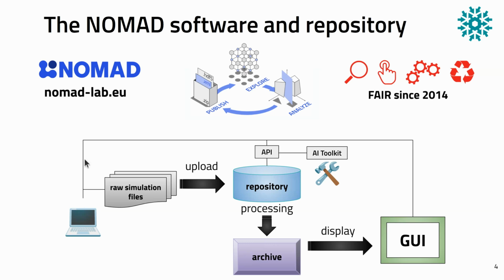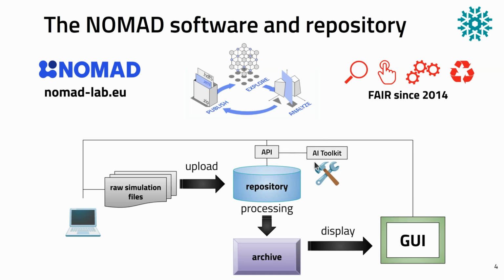And then we can follow a different line to get to these resources. So we can go up here, and there's actually an API. So instead of uploading these by hand or by drag and drop, we can use an API, and we can do this via the terminal or via Python, and this also will reach the repository, and then we can utilize the GUI in this way, and especially the search.